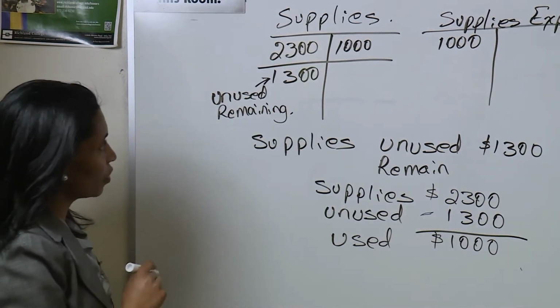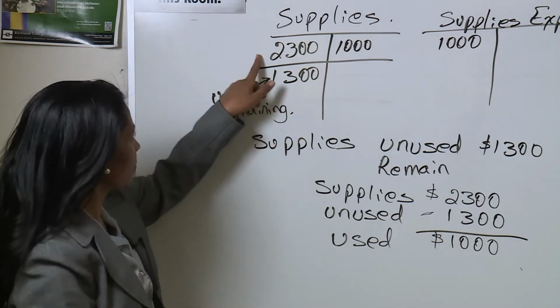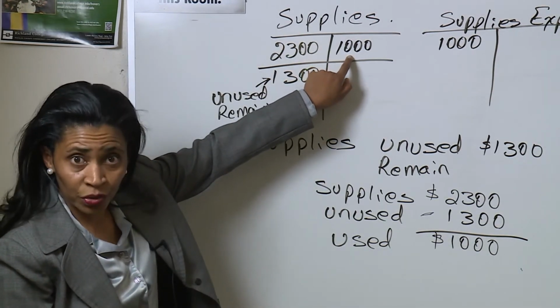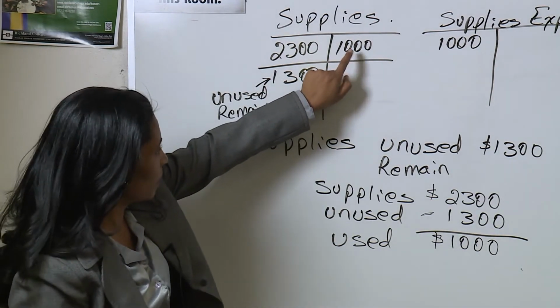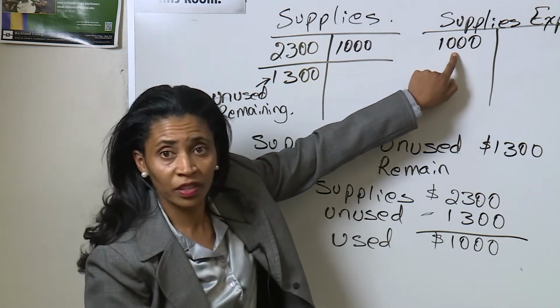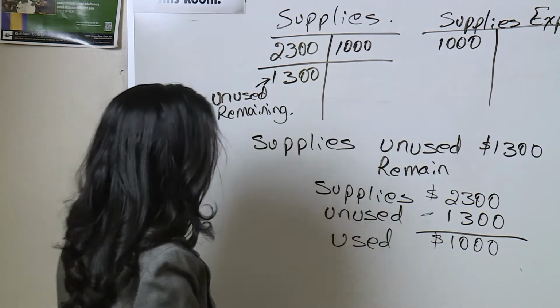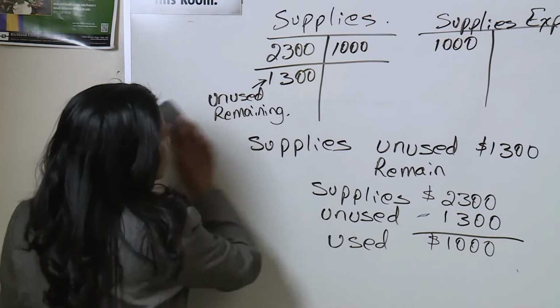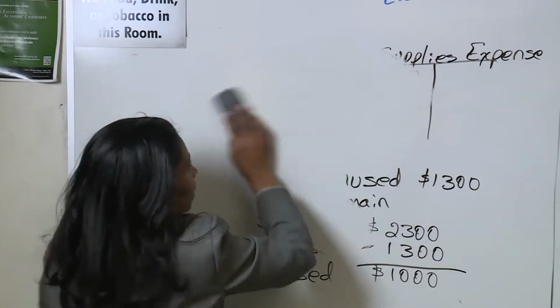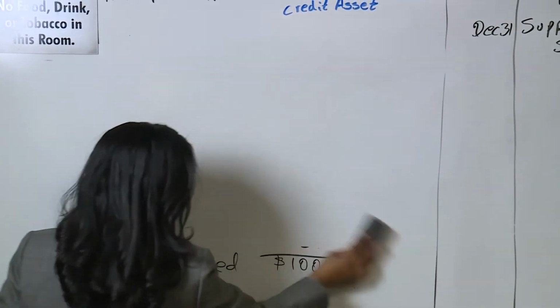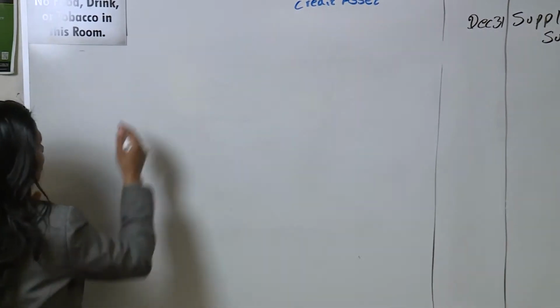So I was able to correct the balance of supplies by reducing supplies by the amount that we used and putting it in my supplies expense account.